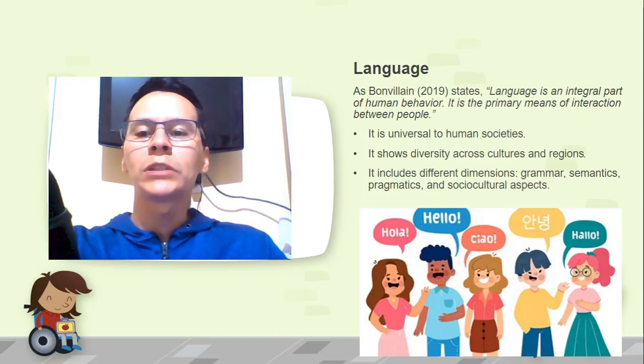The language is universal to human societies. It shows diversity across cultures and regions. It includes different dimensions: grammar, semantics, pragmatics, and sociocultural aspects.